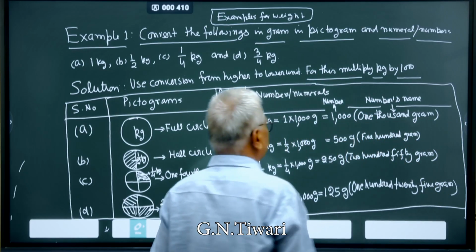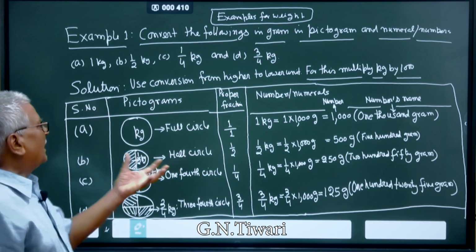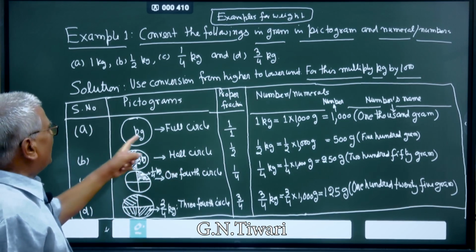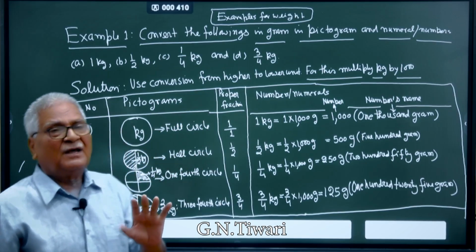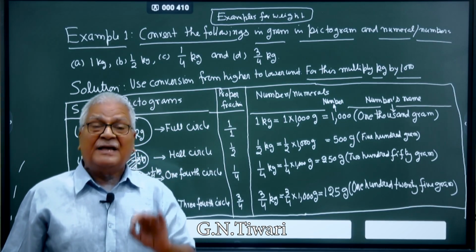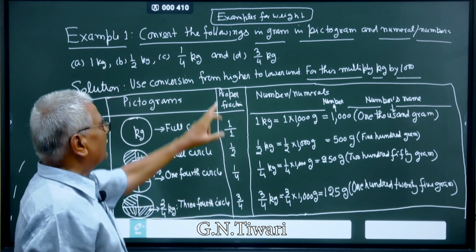That's very, very important. Just see, for a circle, I am considering a full circle, just kg. Full circle means 1 upon 1. Every number has a denominator of 1. Every number can be said as a fraction, but here 1 by 1 is a proper fraction.